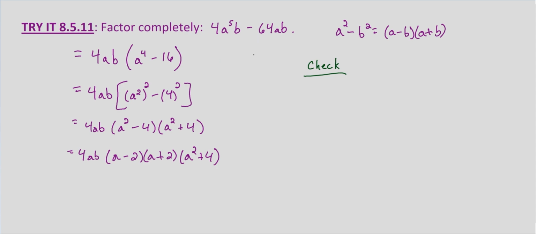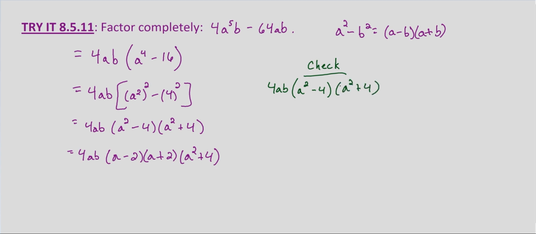So let's look at, first, a minus 2 times a plus 2. So we have 4ab times a squared plus 2a minus 2a. So the middle terms cancel, and then we're left with minus 4. And that's times a squared plus 4.